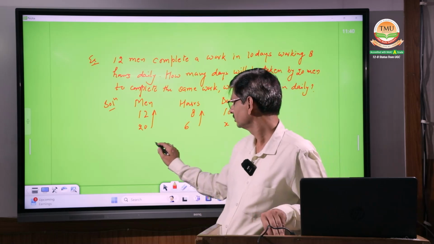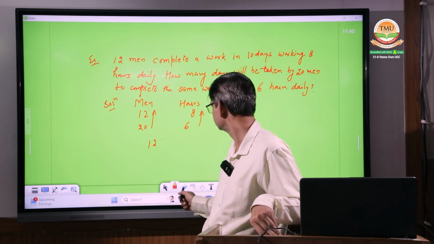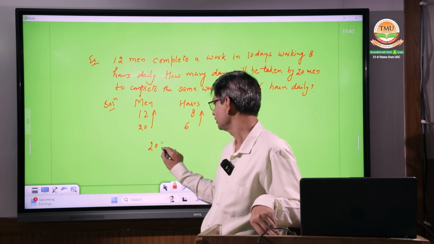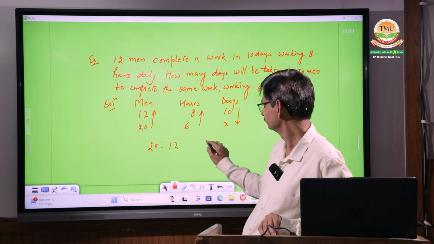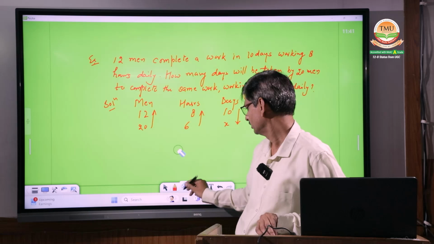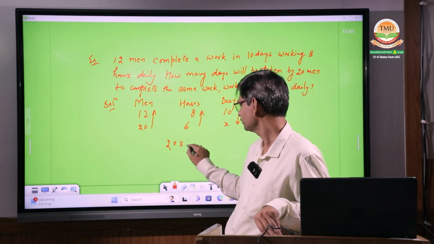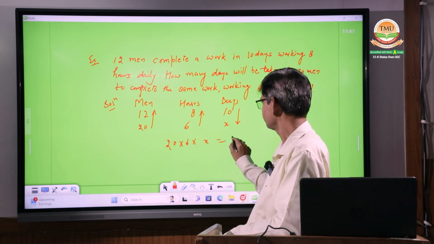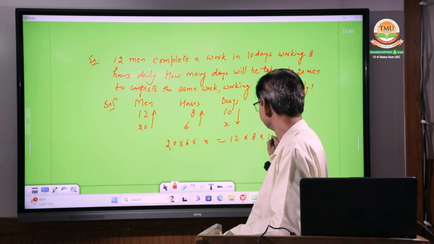This will be 20 is to 12, like this. Here is 20 into 6 into X is equal to 12 into 8 into 10.